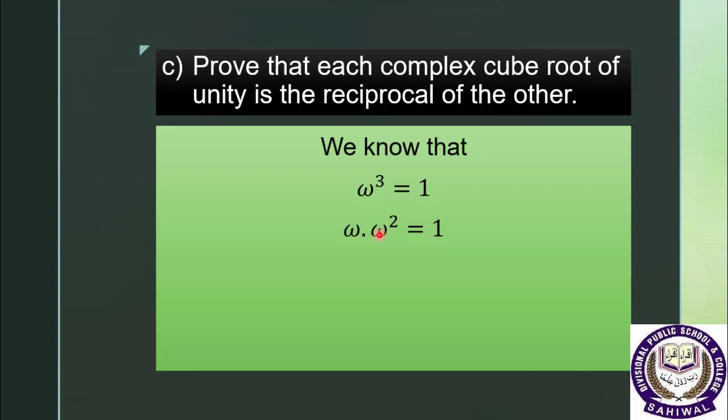Moving omega squared from the left hand side to the right hand side, we get omega is equal to 1 over omega squared, or when we move omega to the right hand side, we get omega squared is equal to 1 over omega.